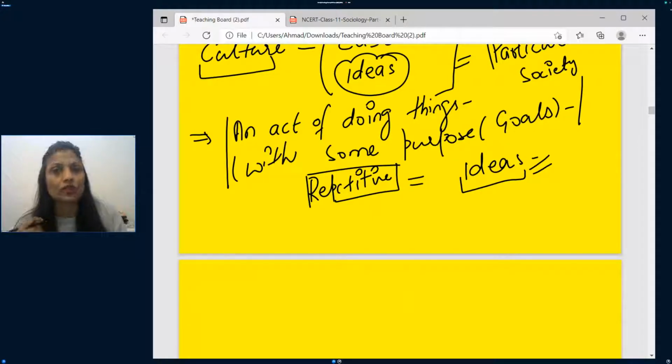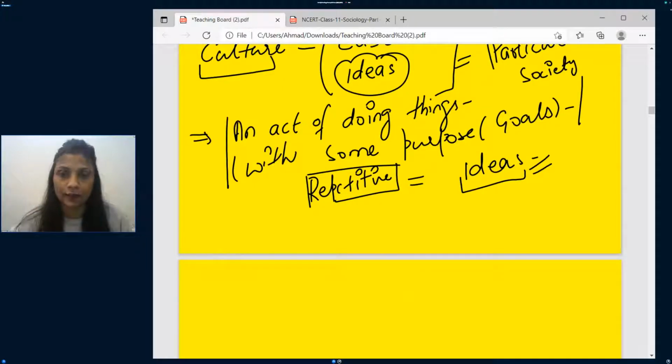To have conceptual clarity, for instance, in 2020, in the essay paper, there was a question that culture is what we are and civilization is what we have. This is, in fact, from my notes also, and it has come up in the UPSC paper also.